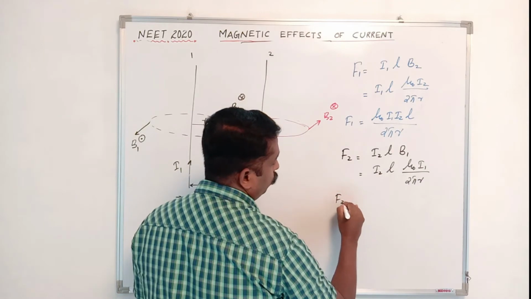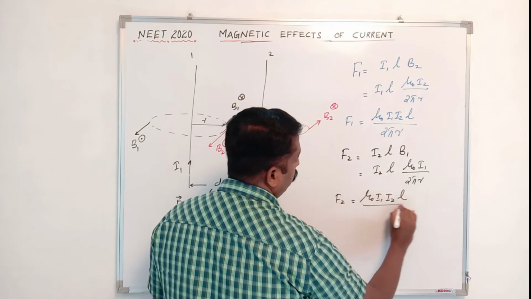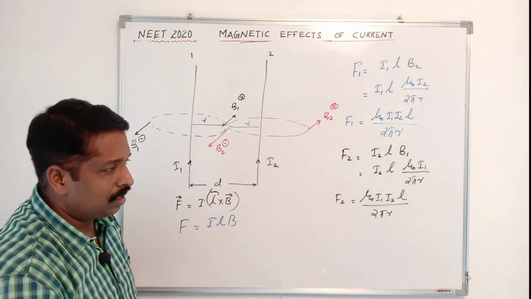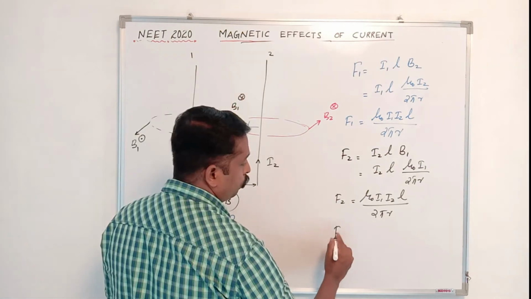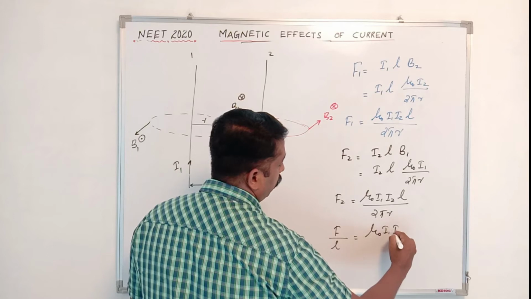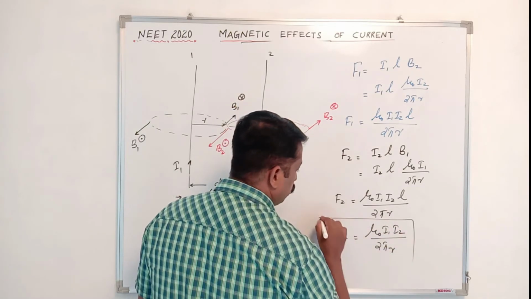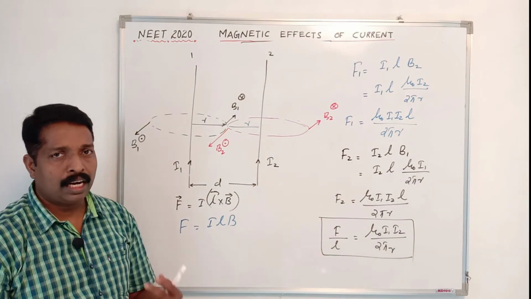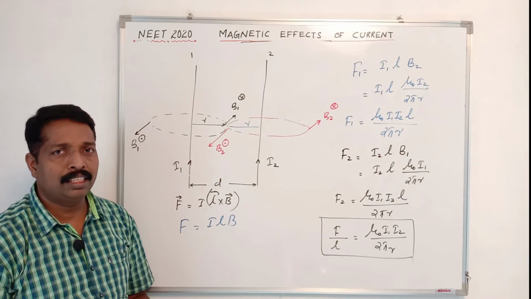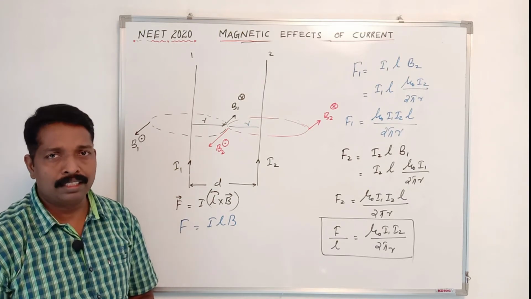Then F2 is also mu 0 I1 I2 L by 2 pi r. So the forces on both conductors are the same. Then the force per unit length is equal to mu 0 I1 I2 by 2 pi r. So this is the force between two conductors. When the currents in the conductors are along the same direction, they will attract each other, and if the currents are in opposite directions, they will repel each other.